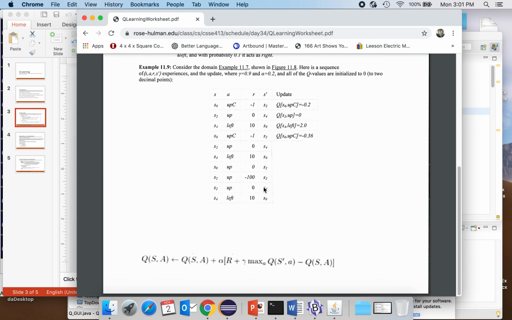So we look at a reward of -1 and see whether we need to subtract anything. What is the current value? It's -0.2. So we subtract that from our R, which gives us -1 plus 0.2, that's -0.8.